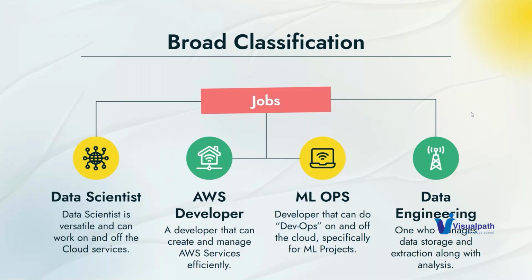So these are the four fields where you can look for jobs once you have completed this particular course, or if you want to switch internally in your current organization, you can ask for the switch, because you'd be having important details related to MLOps as well. You'll be having important details related to how you are going to use AWS services for your benefit.